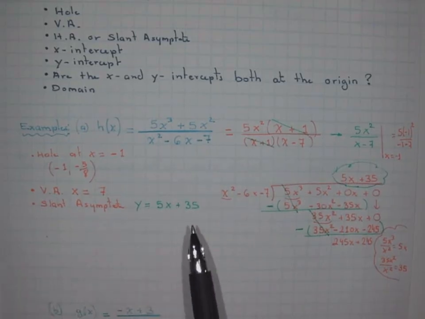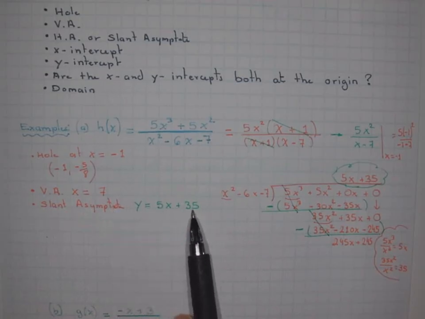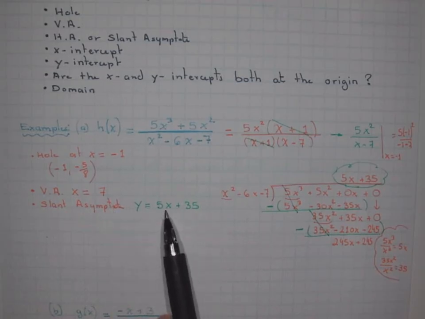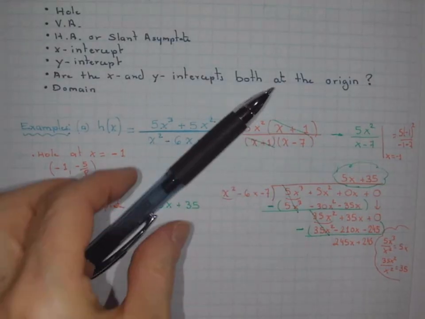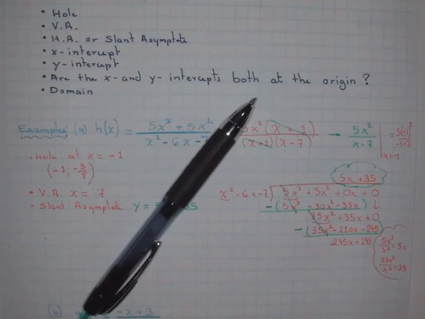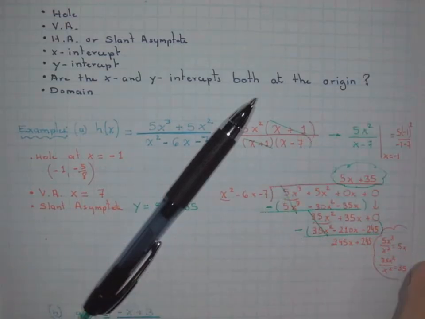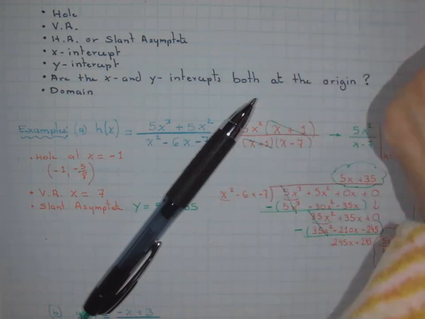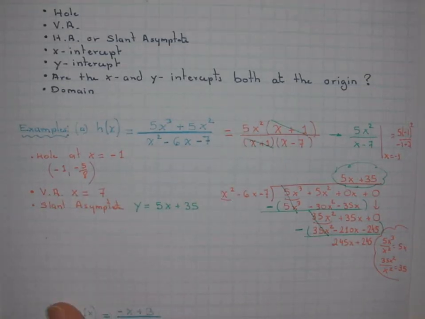And so remember, what is that telling us? It's telling us that the slant asymptote is going to have a y-intercept of 35 and a positive slope. Therefore, it's going to go this direction, not that one. And so that means that the end behavior, as the limit as x approaches positive infinity, would also go to positive infinity. And the limit as x goes to negative infinity would also go to negative infinity.